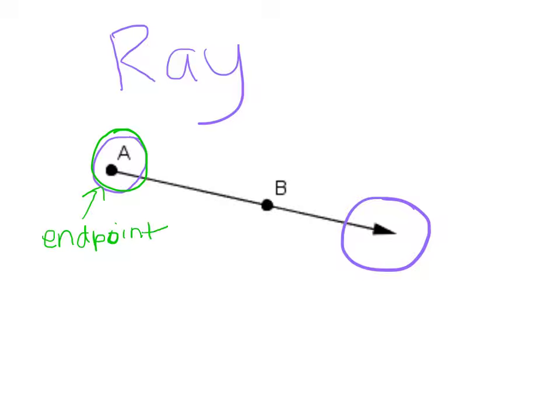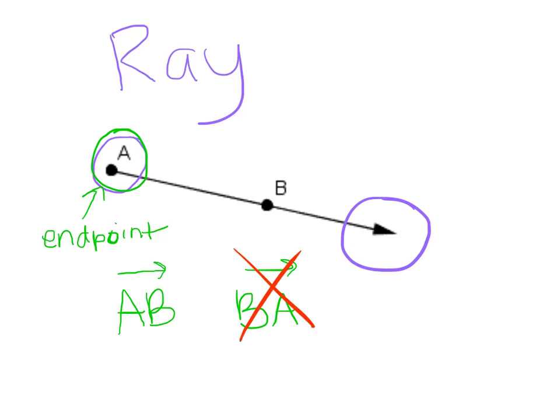So when you're naming a ray, it has to be ray AB, and then you write a little arrow on the top of it. You cannot call it ray BA because the B is not the endpoint. So you don't do it that way. So rays can only be named one way, beginning with the endpoint, not the point that is near the arrow.